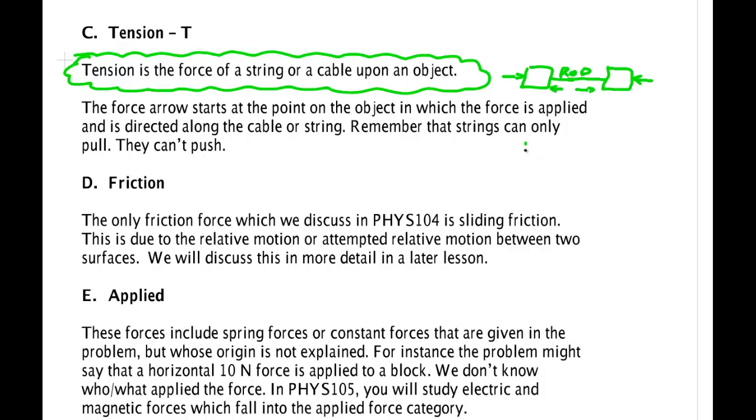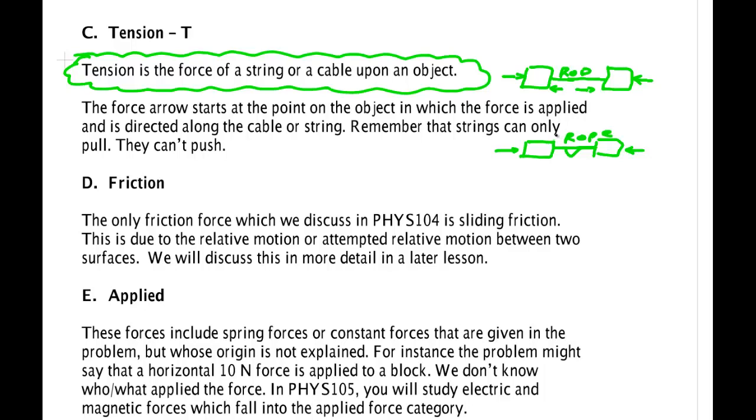But if you have a rope, and you apply a push in like this, and this is a rope, then the rope will just sag, and it will not apply a force, and the two blocks will fly in. So whether you have a rod or a rope actually makes a difference.